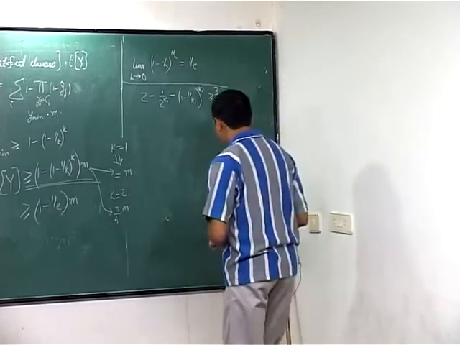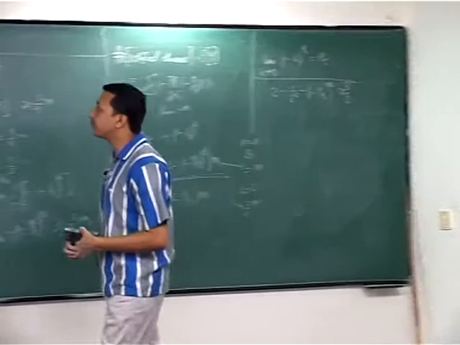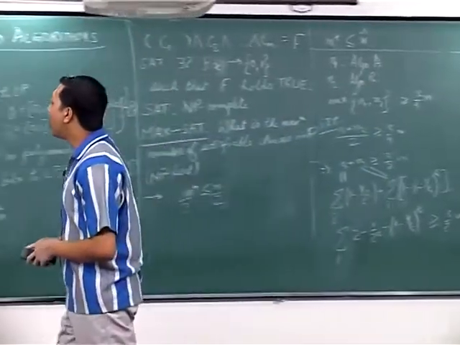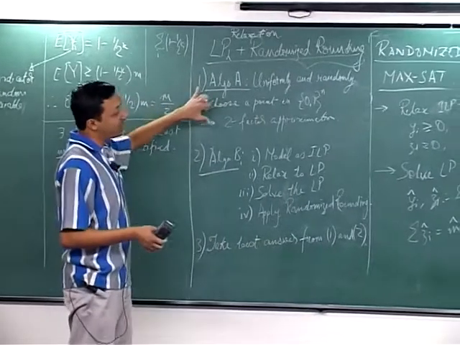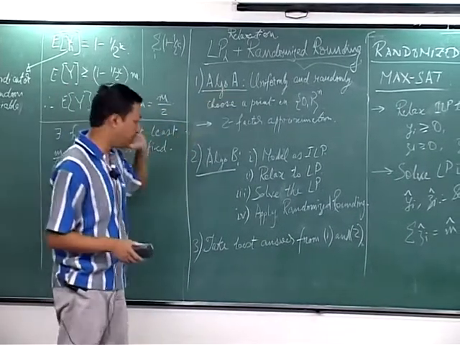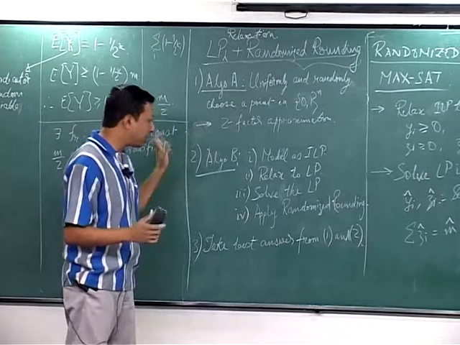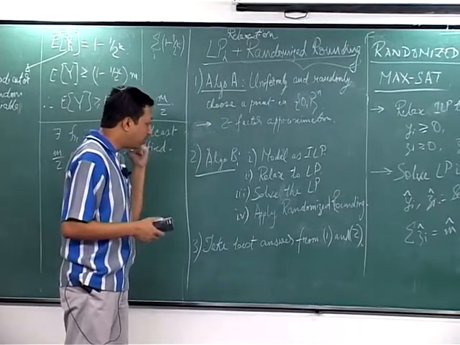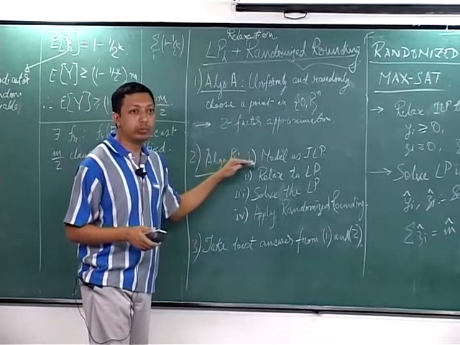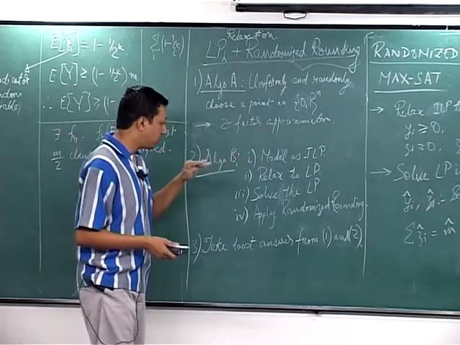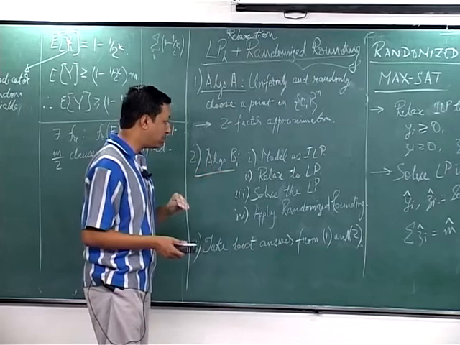So what we did was we saw a crude, a simple yet effective randomized algorithm. We saw a more sophisticated algorithm, and in the course of that we also saw what is an integer linear programming problem. We saw how it can be relaxed to an LP.